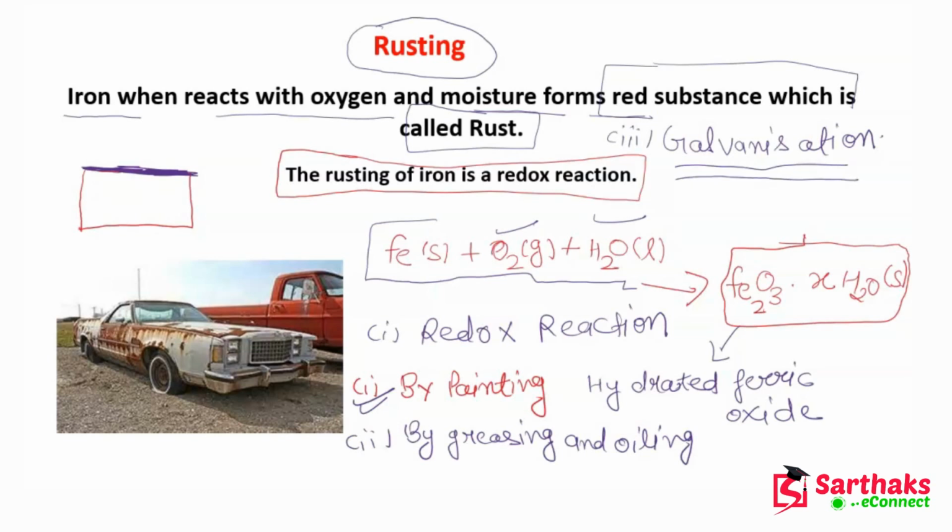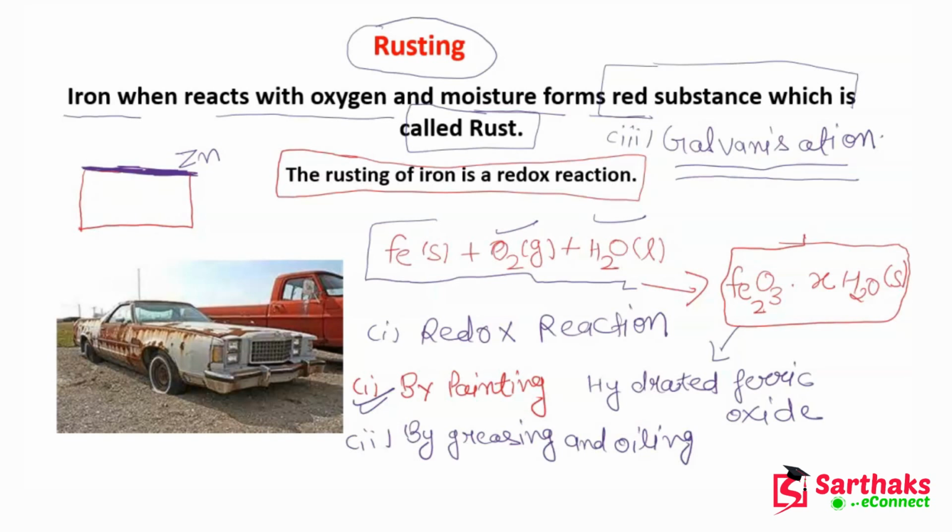So what does galvanization do? We all know that zinc is highly reactive, or you can say zinc is more reactive than iron. So this zinc will react with oxygen and carbon dioxide, and it will form a layer.